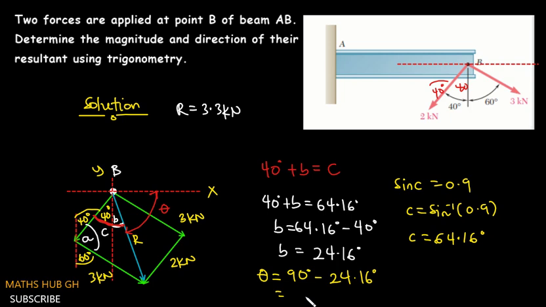So 90 minus 24.16 will give us a value of 65.84 degrees. So that'll be the value that the resultant force will be making with the positive x-axis. So now we found the resultant force. Then we know that it makes an angle theta with the positive x-axis, which is equal to 65.84 degrees.